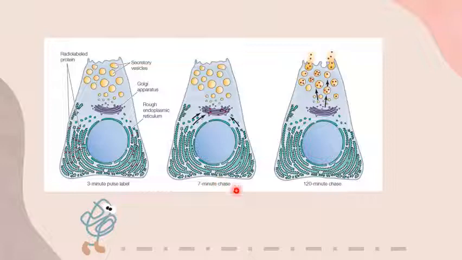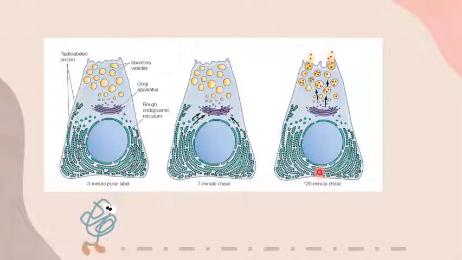After further incubation with non-radioactive amino acids in a chase step, the proteins were found to move from the ER to the Golgi apparatus, and then within the secretory vesicles to the plasma membrane and cell exterior.